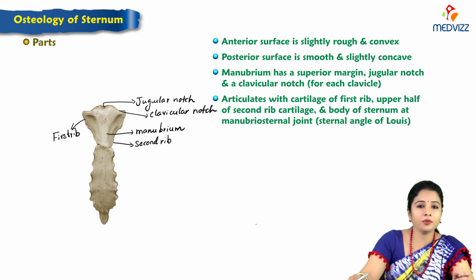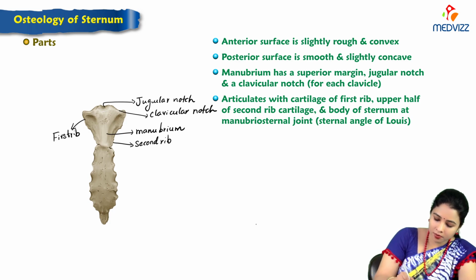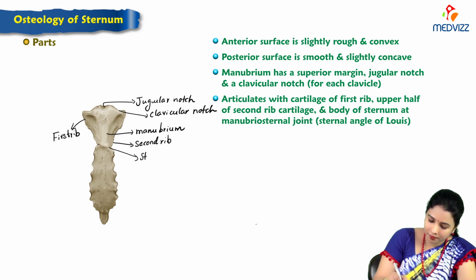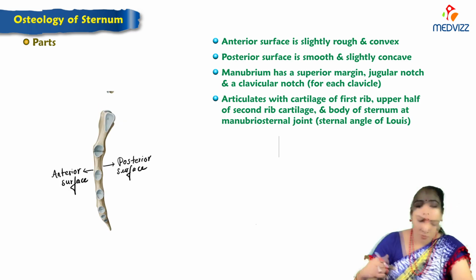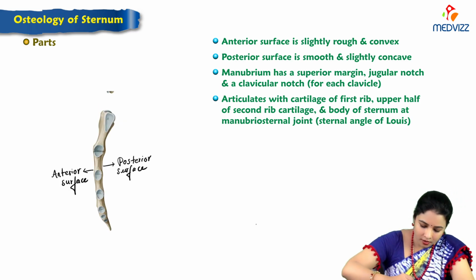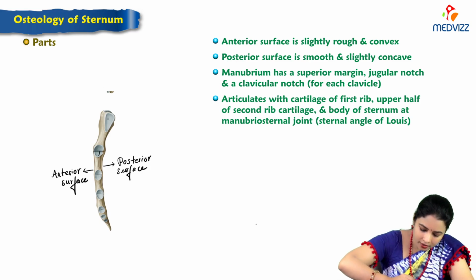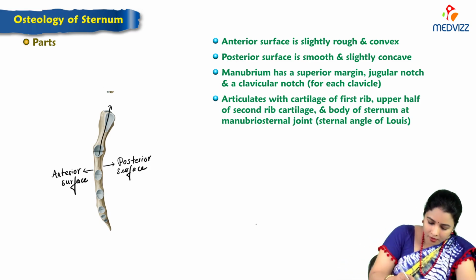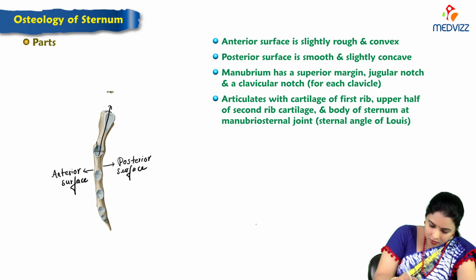The junction between the manubrium and the body of the sternum makes an angle which is called the sternal angle or Lewis angle. Here we can see the long axis of the manubrium, and here is the long axis of the body of the sternum. So this angle is the sternal angle.